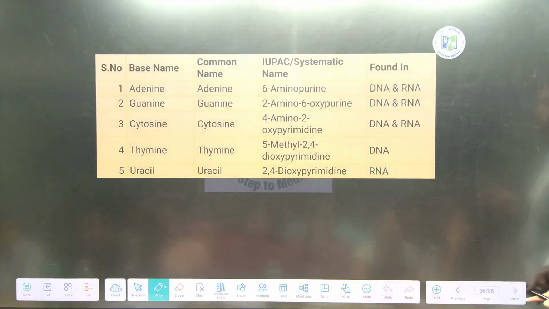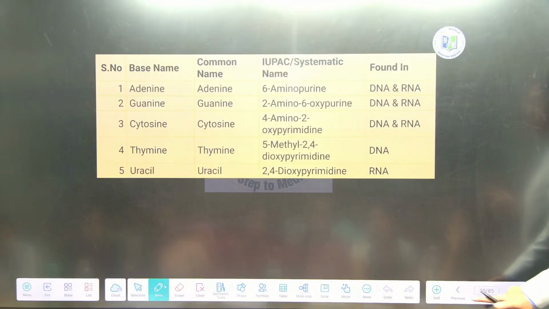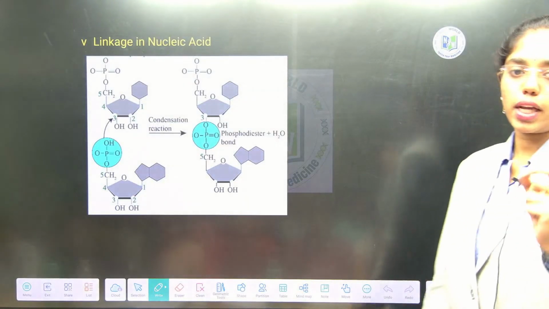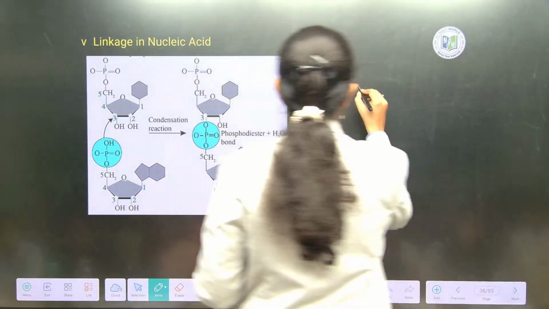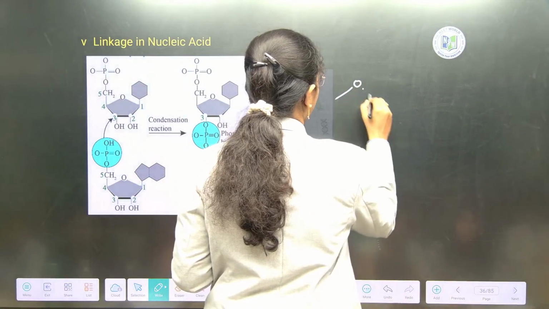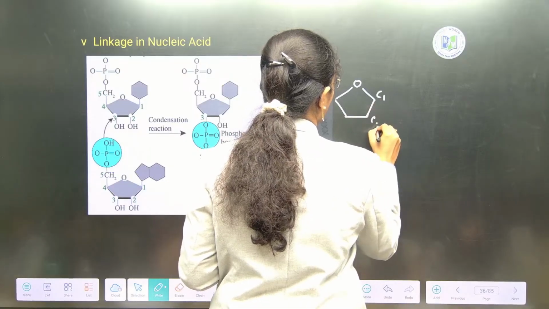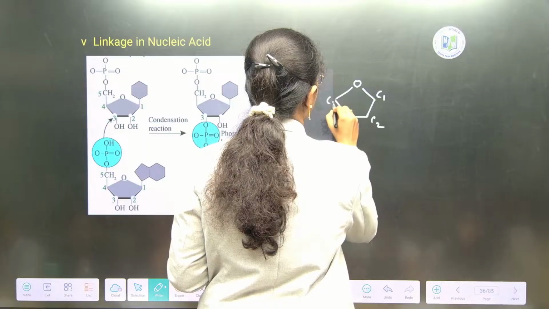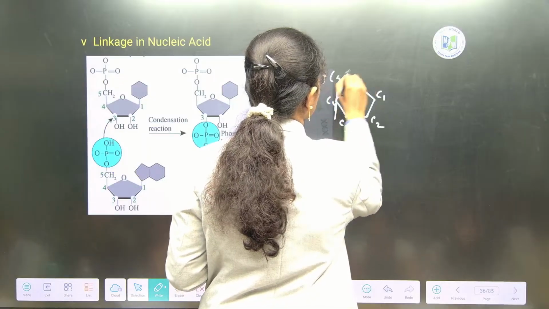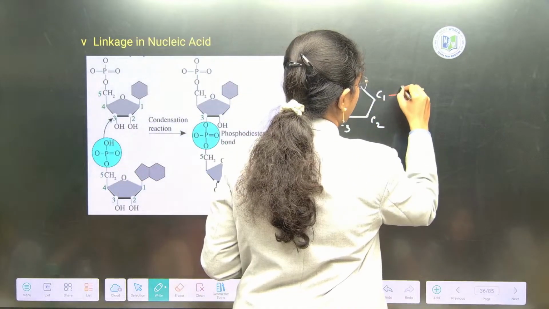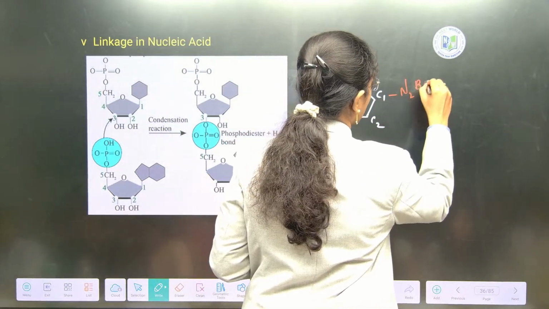Yeah, these are different nitrogen bases. Now, how is a polynucleotide chain formed? Firstly, a single nucleotide: C1, C2, C3, C4 and C5. Here the nitrogen base is attached, yes or no?